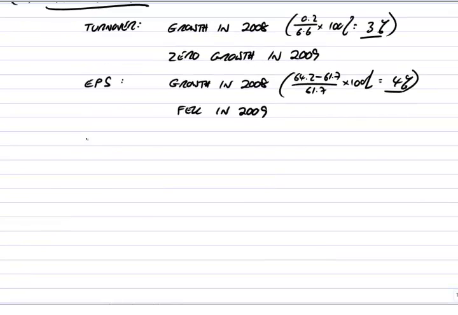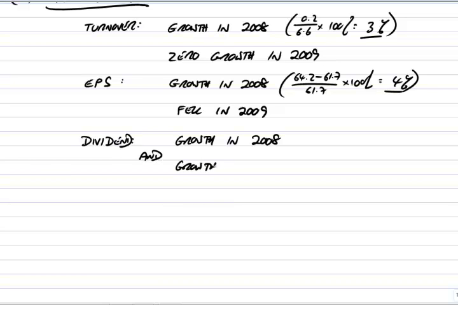What about the dividend? Now, I know we've worked out dividend yield, but in absolute terms, the dividend per share has continued to grow. We had growth in 2008 and in 2009. Again, I will put figures.